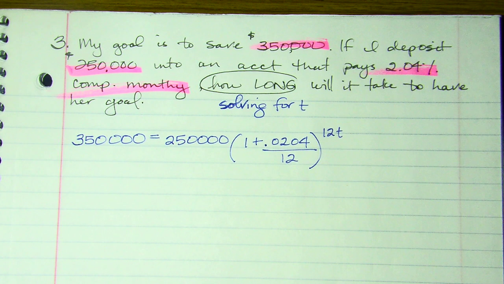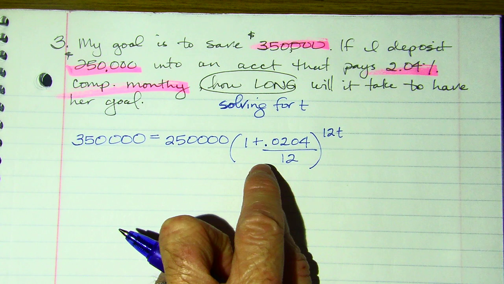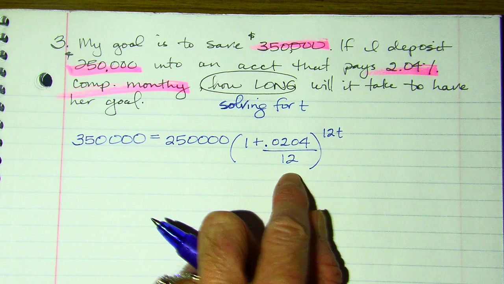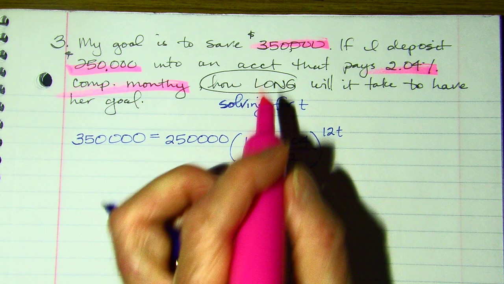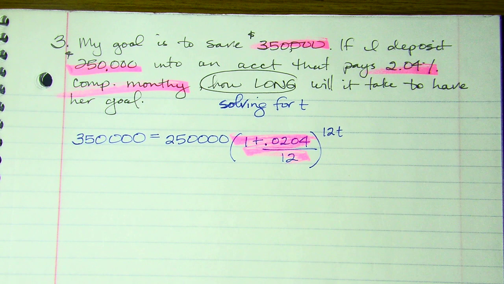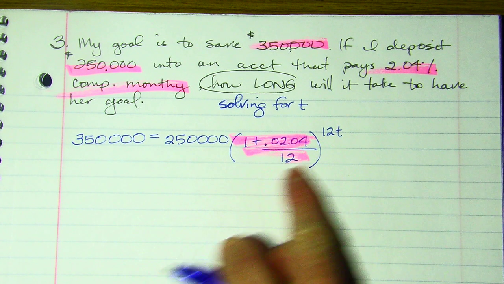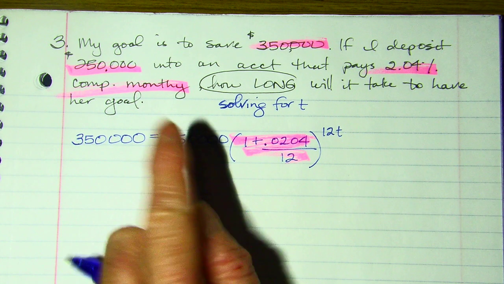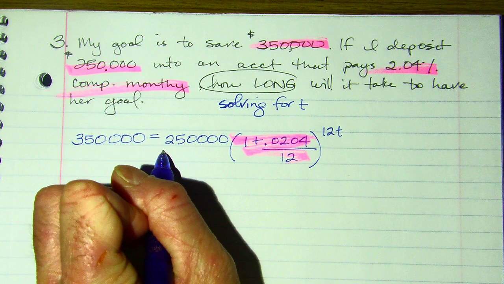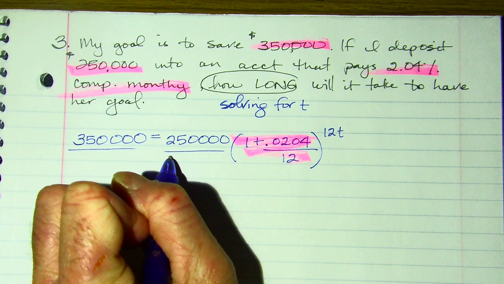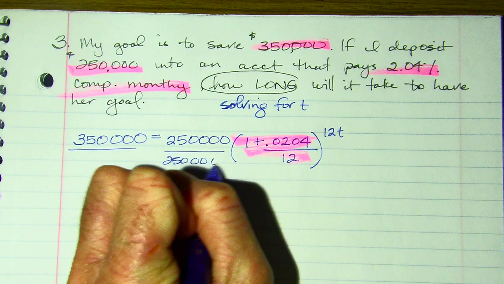So to solve this, I'm going to do two things. I need to simplify this. I need to enter this in my calculator. And also I need to get this part by itself. So I'm going to have to move $250,000. And the way I do that is I'm going to divide both sides by the $250,000.